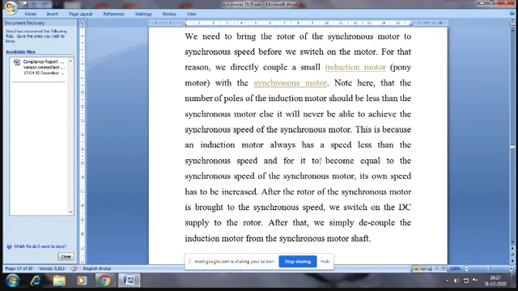So to make the speed equal to synchronous speed, the number of poles must be less than the number of poles in the synchronous motor. Okay, so that's important.